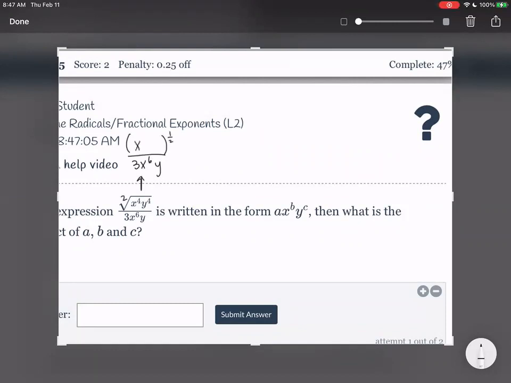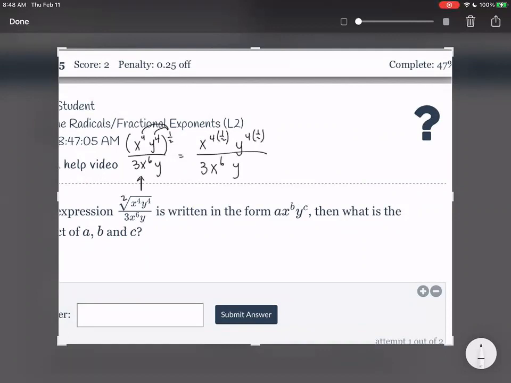And on the inside, we still have x to the power of 4, y to the power of 4. And then we're going to distribute that exponent of 1/2 into everything inside the parentheses. So we get x to the power of 4 times 1/2, and then y to the power of 4 times 1/2 on the top. And then on the bottom, we just keep it the same.